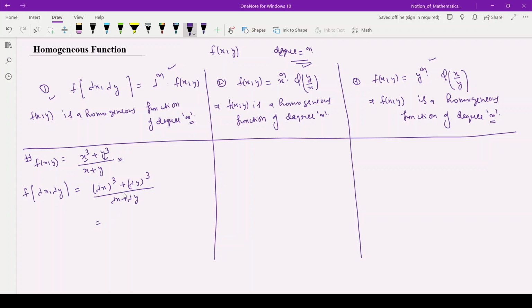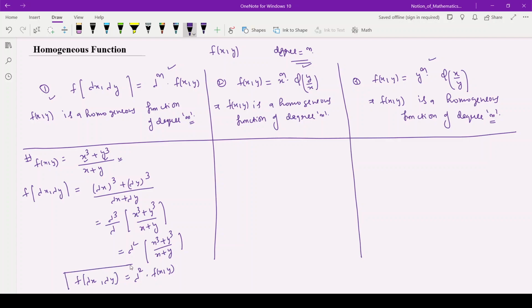I can take λ cube outside, and in the denominator λ as a common term, that is λ cube into (x cube plus y cube) upon λ into (x plus y), or it is λ square into (x cube plus y cube) upon (x plus y). Students, we can write it as λ square into f(x,y). So that was actually equal to f(λx, λy).